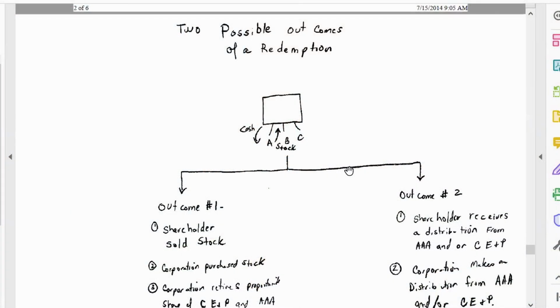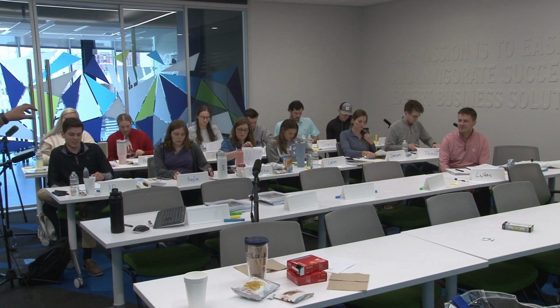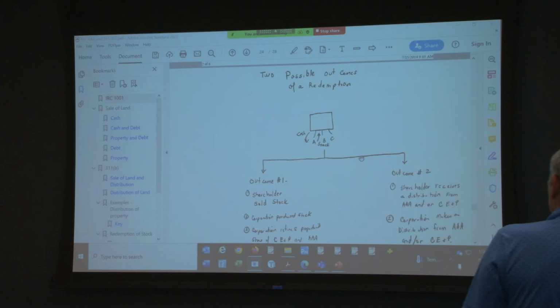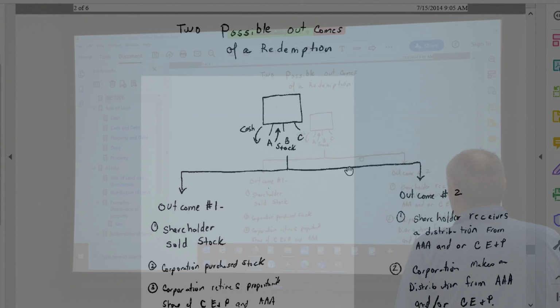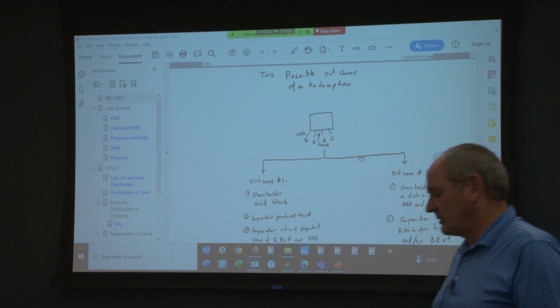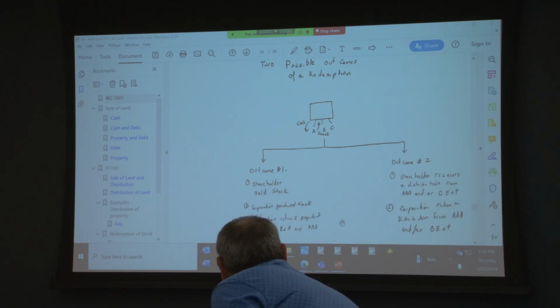But I don't know if this is important, but this might be. Let's explore this page because, again, we're not here to be experts. We're here to learn something, though, right? So, 2 possible outcomes of redemption. Outcome number 1 is shareholder sold stock, corporation purchased stock, corporation retires proportional share of CEMP and AAA. That was on the other page that we had, I think.